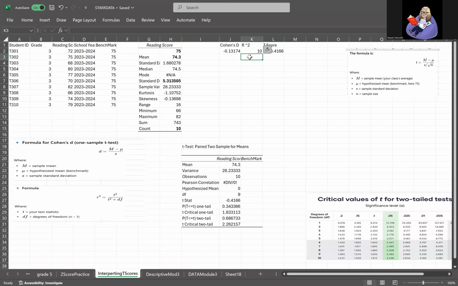Equals, parentheses, my t-score squared, divided by my t-score squared, plus 9? What am I doing?